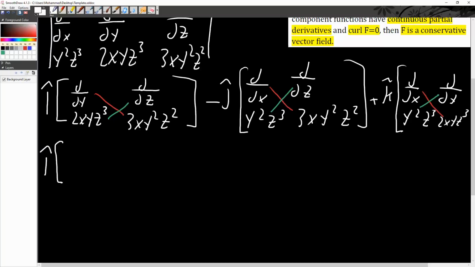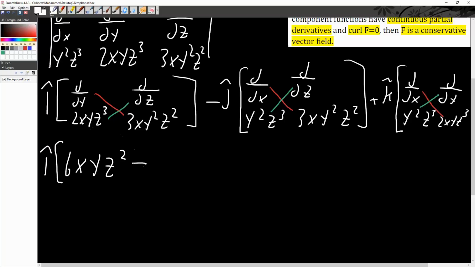Now the partial derivative in terms of y for 3xy squared z squared would be 6xyz squared, since we're just focusing on the variable y. The rest we're treating as constants.